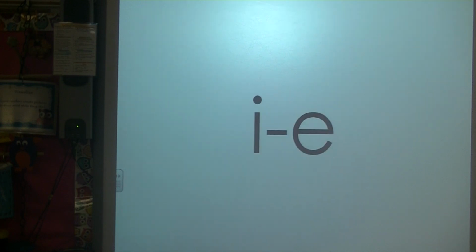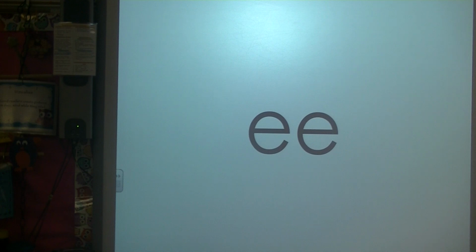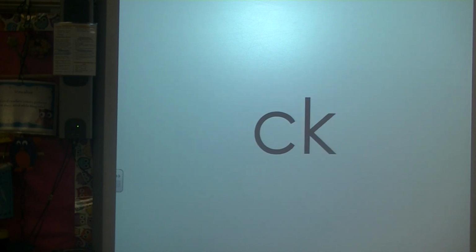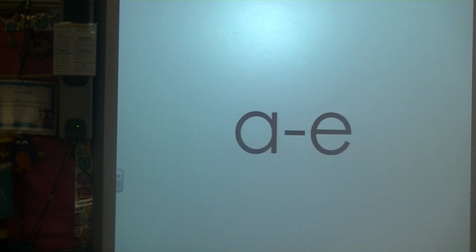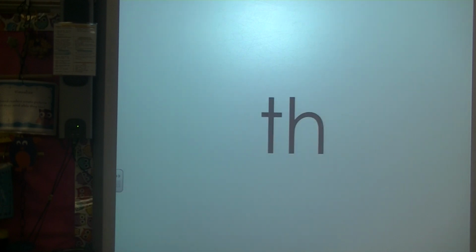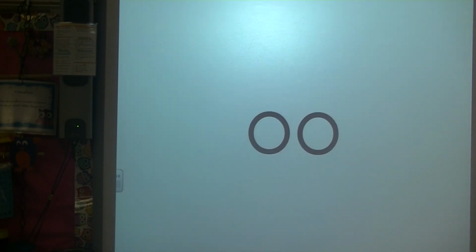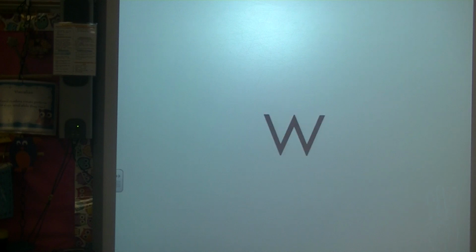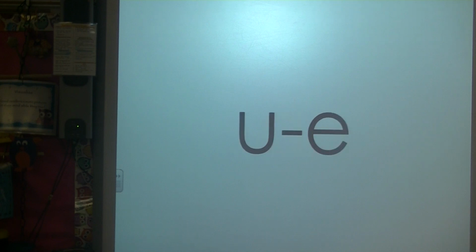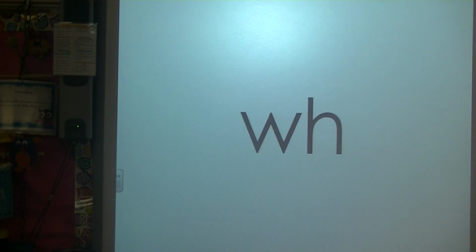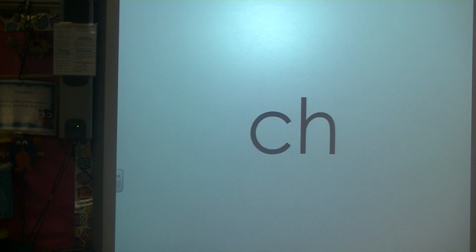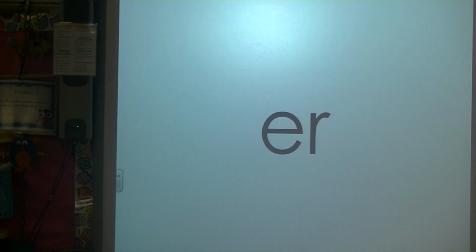H. I, consonant E. Digraph EE, digraph CK, P, A, consonant E, digraph TH, D, digraph OO, B, W, combination OR, combination UR, digraph SH, combination AR, U, consonant E, combination WH, digraph CH, combination ER.